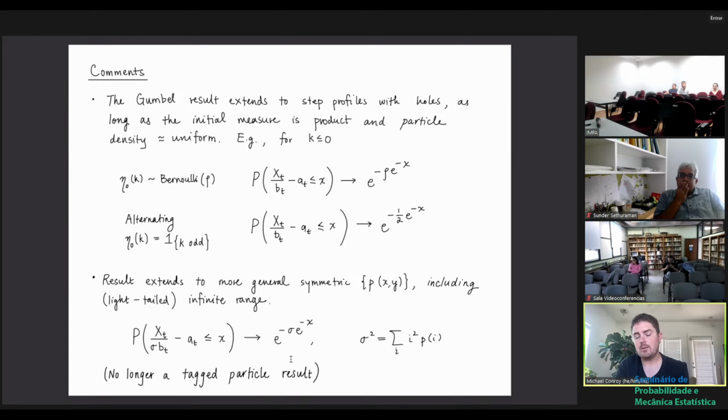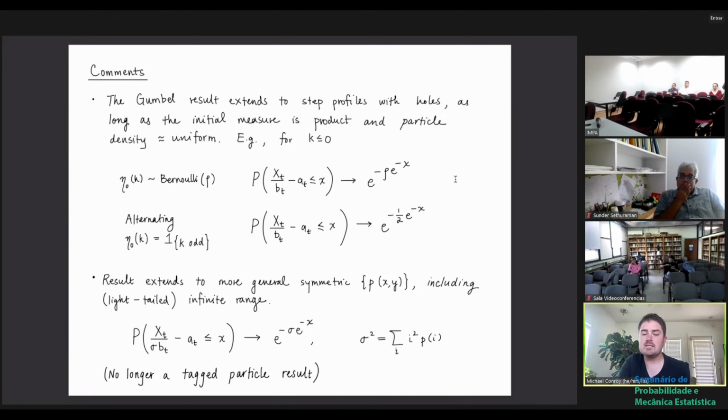So in our paper, our condition is a periodicity condition on the Bernoulli parameters. So for example, if right of the origin we have no particles, and left of the origin we have a Bernoulli rho product distribution, then that rho parameter ends up here in the Gumbel distribution. This is a shift of the mean of the Gumbel.